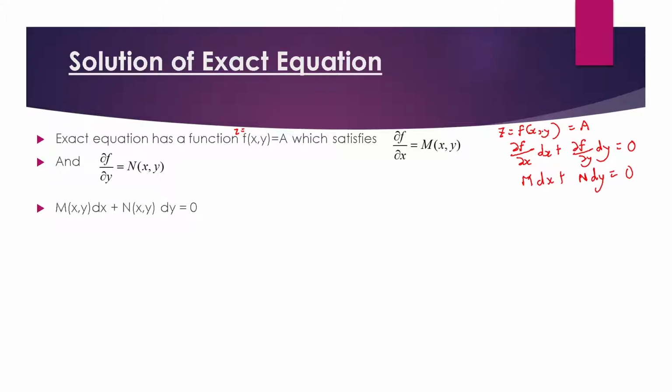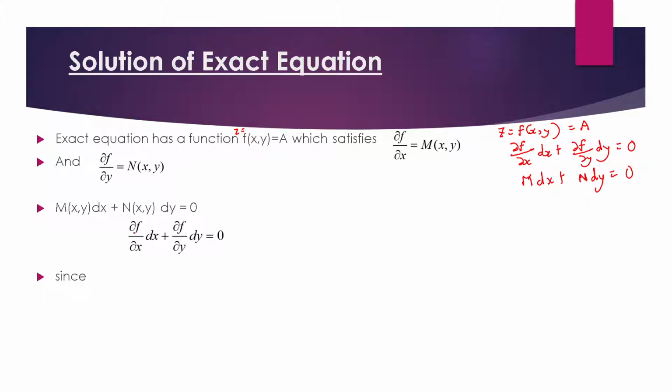From z, when you do the total differential, del f del x we denote as M and del f del y we denote as N. Then the solution for the exact differential equation is f(x,y) equal to a.